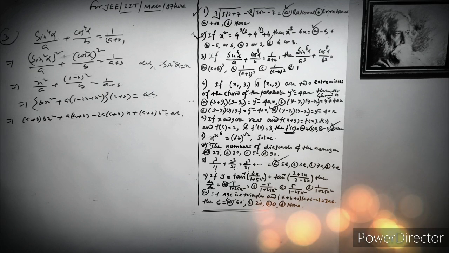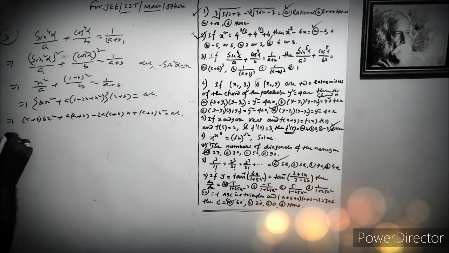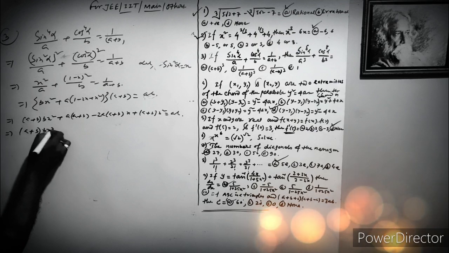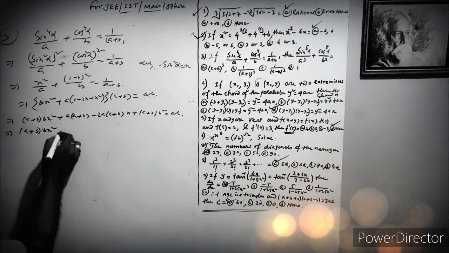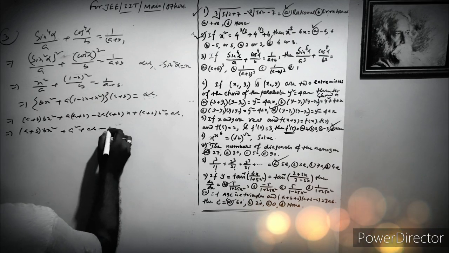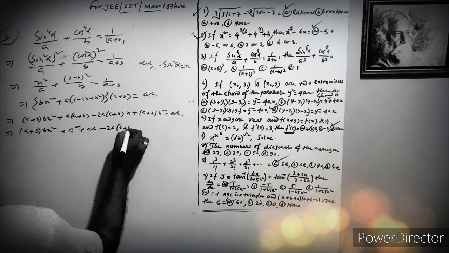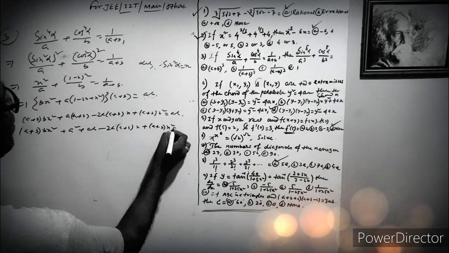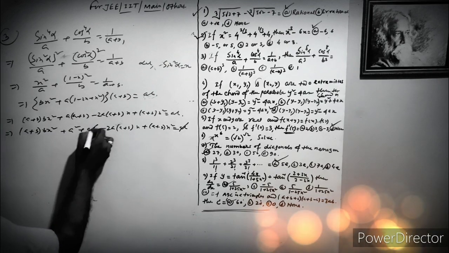So now see A plus B into B x square, A square AB, twice A into A plus B into x, and A plus B into x square equal to AB. AB are cancelled.